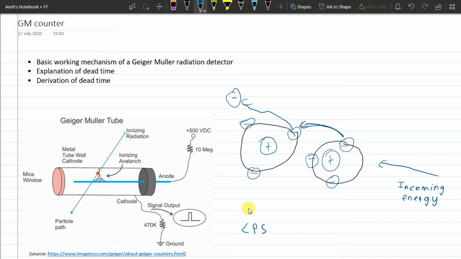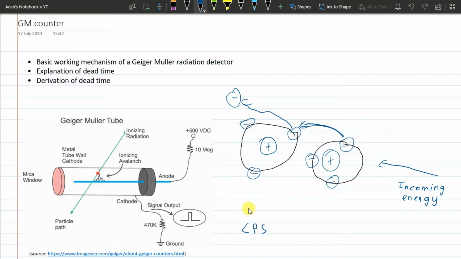Now, these free electrons, since they are negatively charged and the anode right here is positively charged, will be attracted towards the anode. And as we know, movement of free electrons gives rise to current. We measure this current and then use it to relate how much radiation we have incoming.